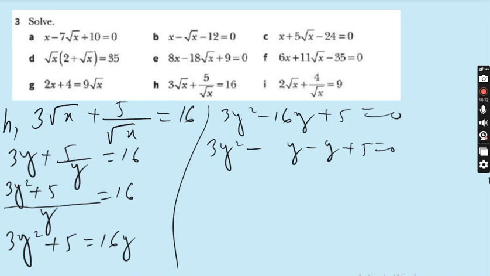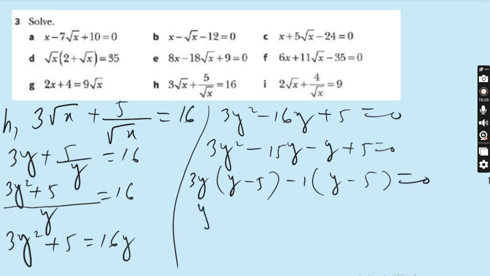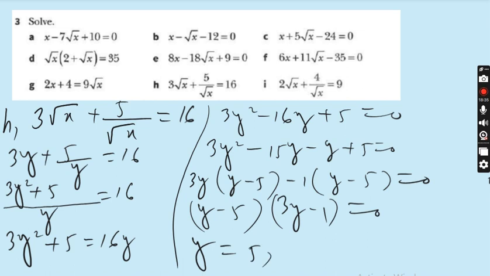Taking 3y common, y minus 5, minus 1 common, y minus 5 is equal to 0. So y minus 5 is 0 and 3y minus 1 is equal to 0. y is equal to 5 and y is equal to 1 upon 3.